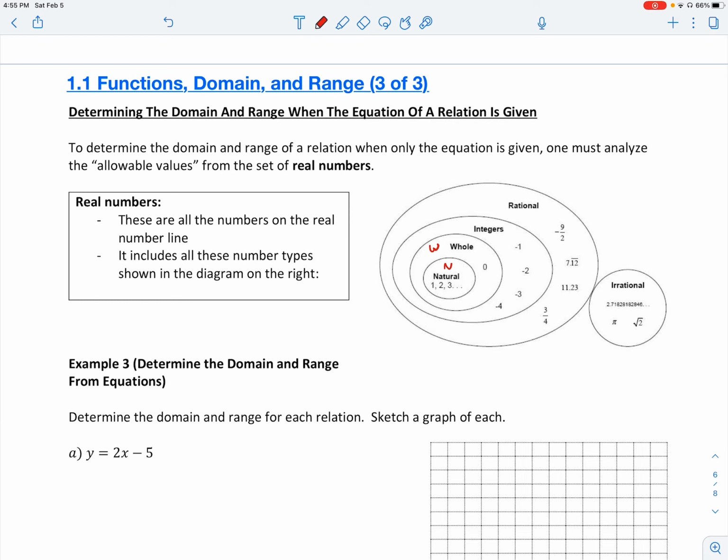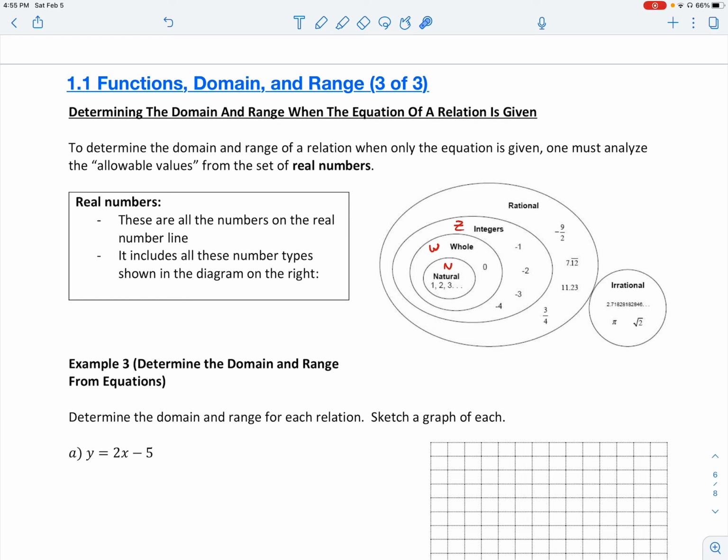So integers, this system is denoted by the letter Z. Integers are just like whole numbers, except it includes their opposites. So it includes all the natural numbers, whole numbers, and all their opposites, like -1, -2, -3, etc. And the integers are still considered whole numbers, so we don't see -1.5 or -5.1. They have to be whole numbers.